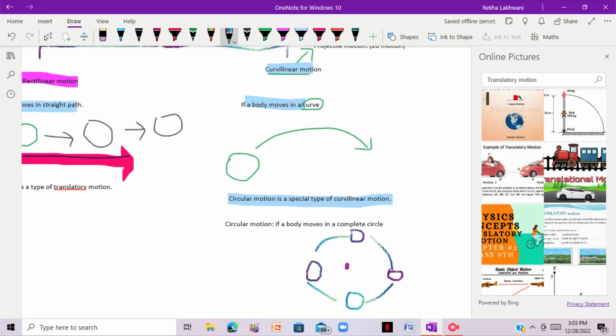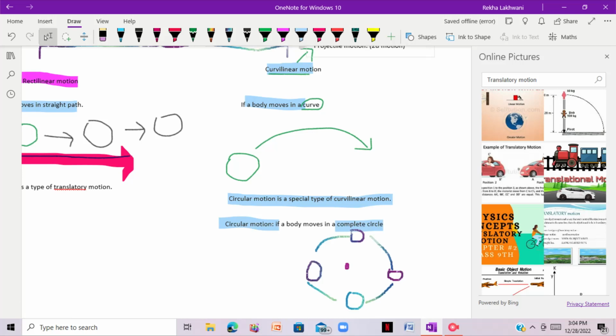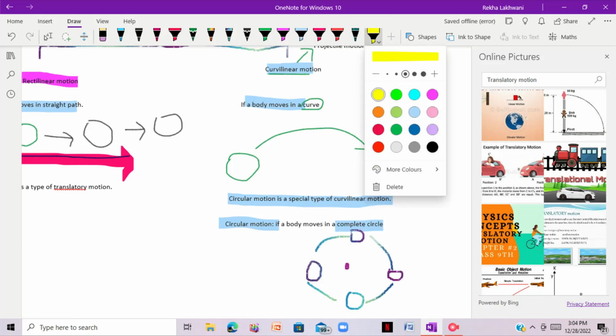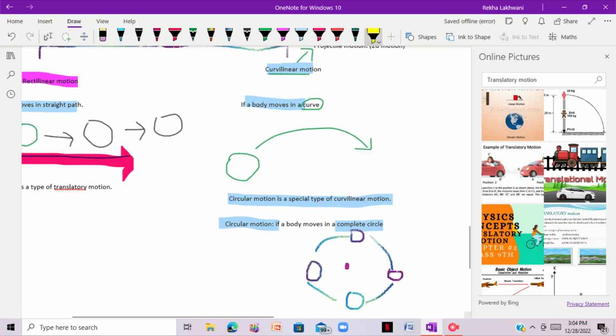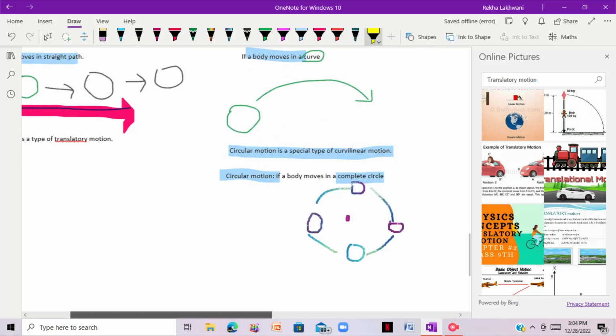Now let's look at another type of motion, which is known as rotatory motion. If a body rotates about its axis, it is known as rotatory motion.